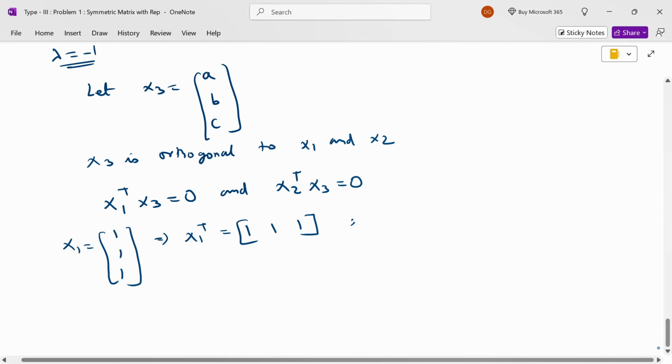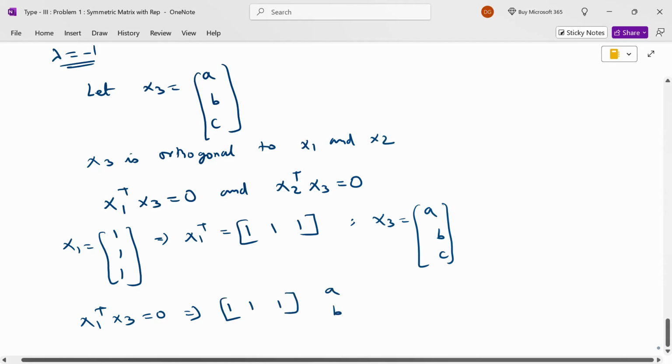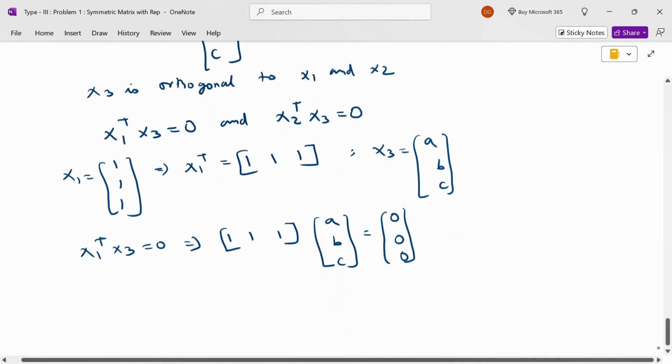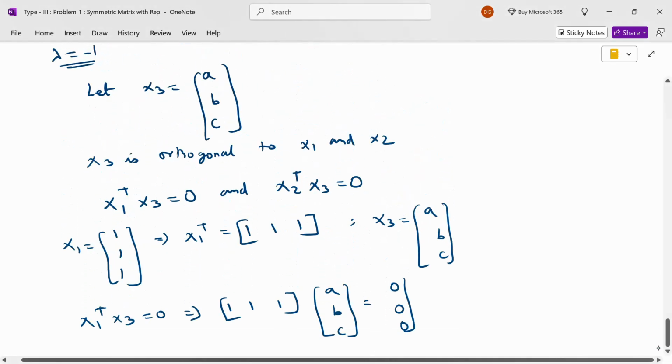So what is the x3? I'm just taking a, b, c. Therefore x1 transpose x3 equal to 0 is nothing but 1, 1, 1 times a, b, c, and the right hand side is 0.